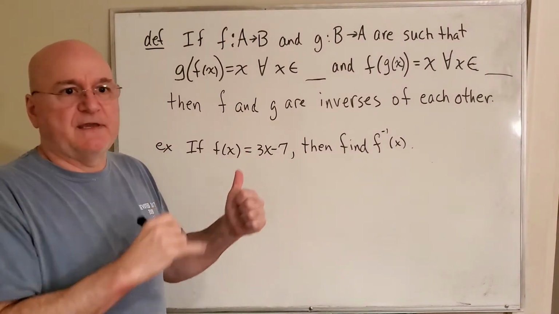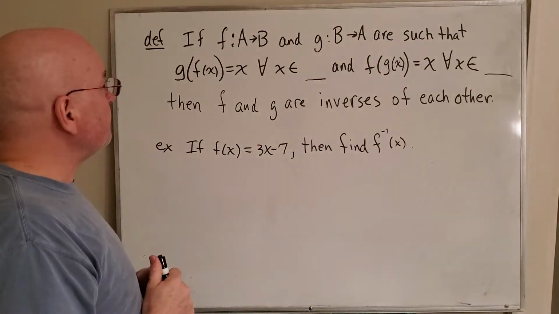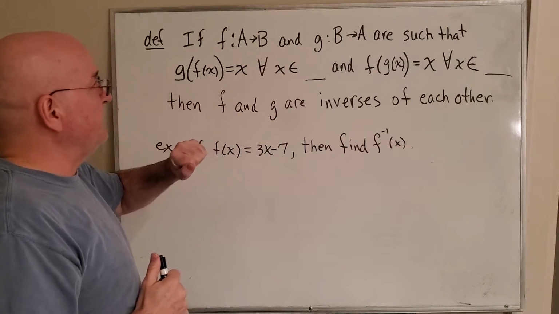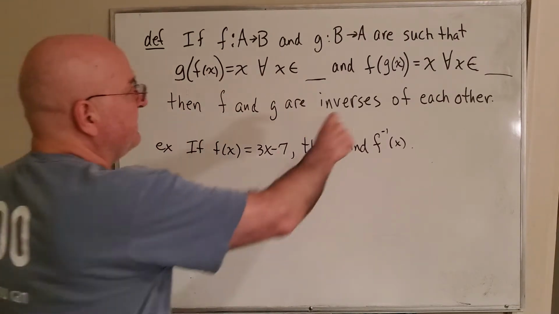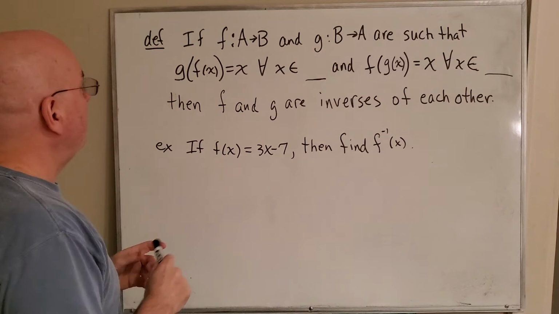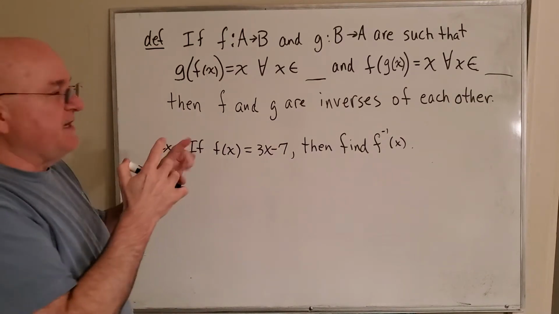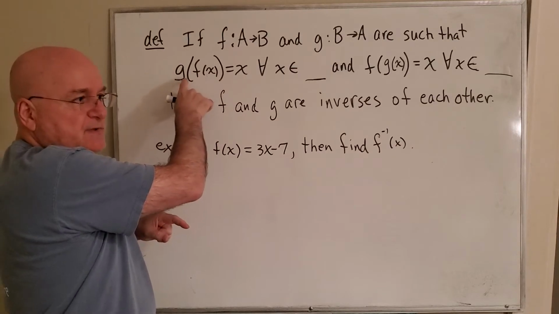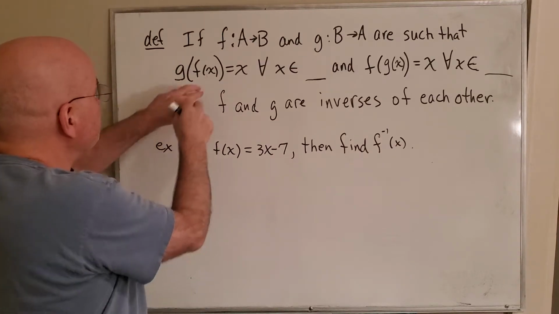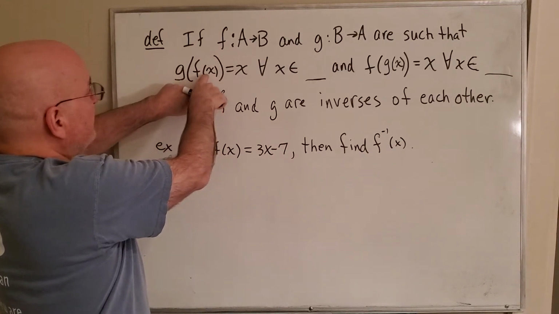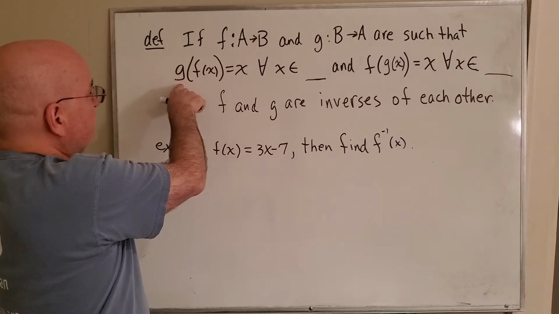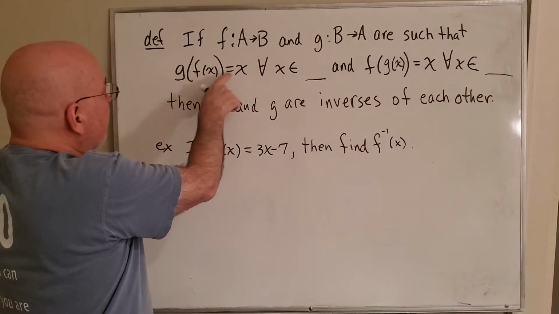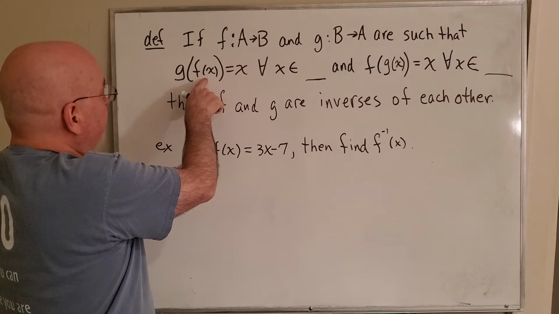So I just want you to think about what set this x comes from and what set that x comes from. Well, it's easy if you think about how this composition of functions, remember this is g composed with f. The first thing you have to do is the inside. You have to do f of x before you apply g. So x has to be plugged into f.